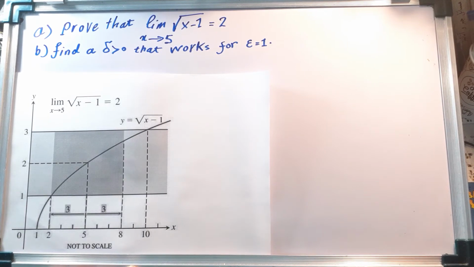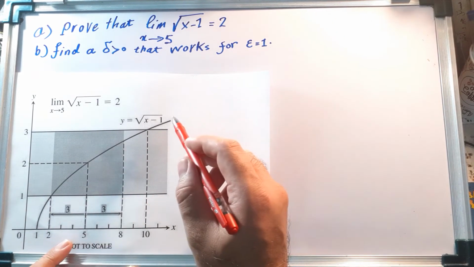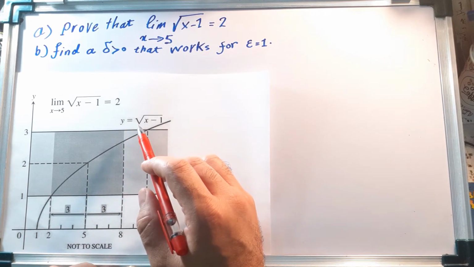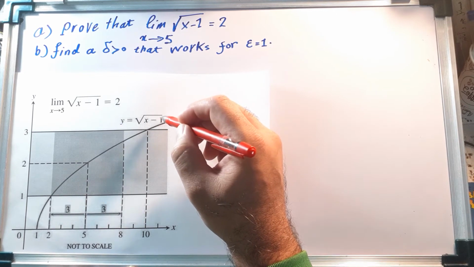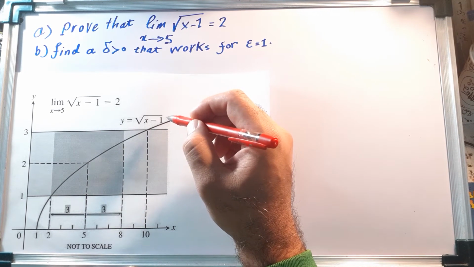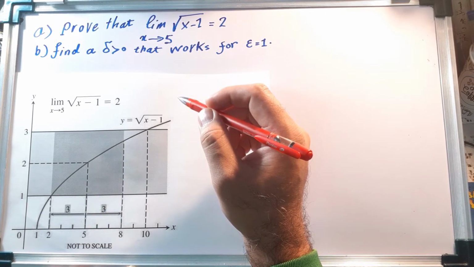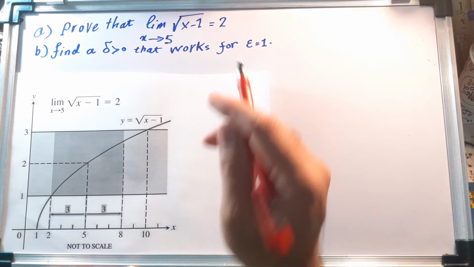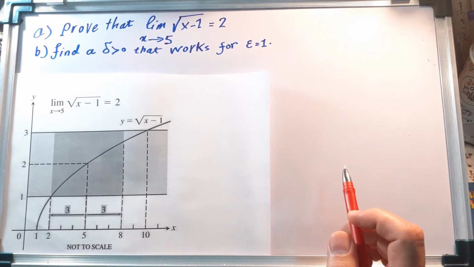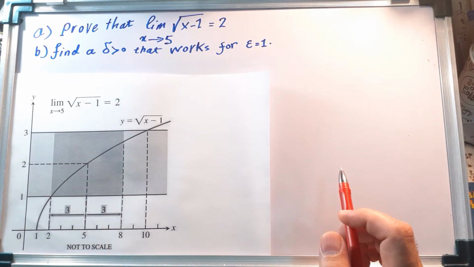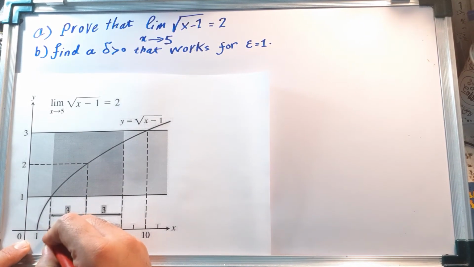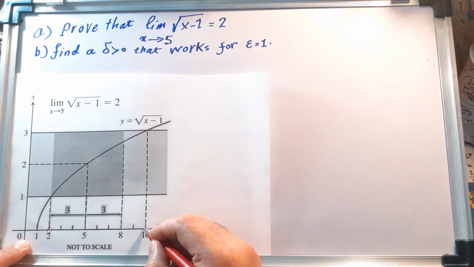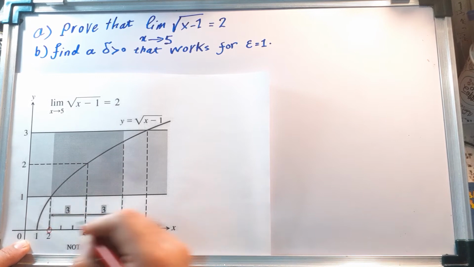Look at the graph of this function here. This is the graph of our function, y equals root of x minus 1, and the inequality holds for all x in the open interval of 2 to 10, open interval.